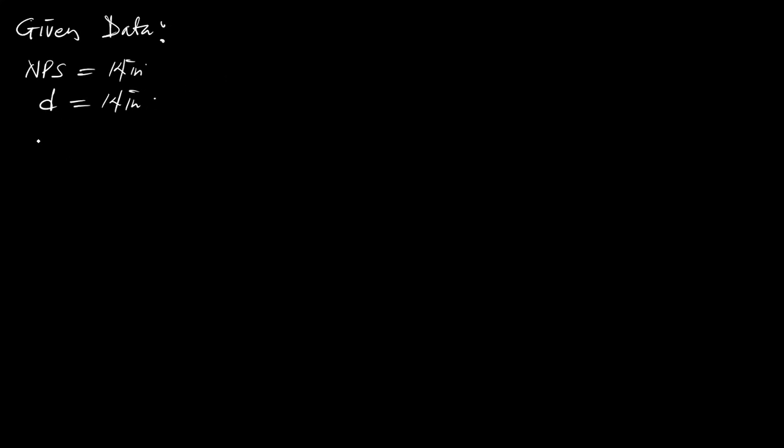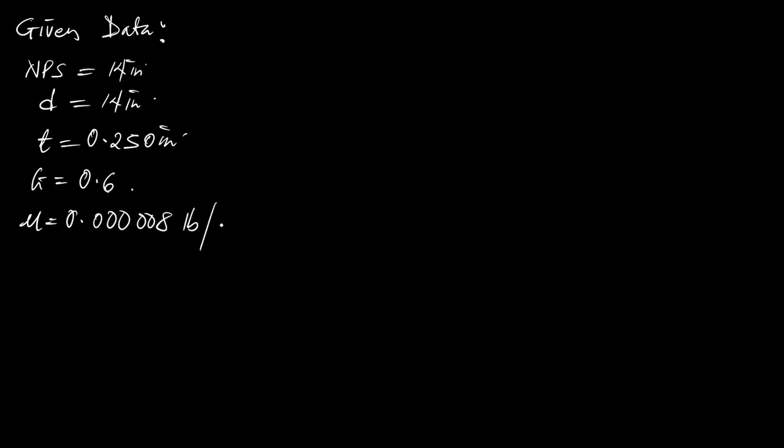While the thickness of the pipe is 0.250 inches. Now we are given the gas gravity, specific gravity, at 0.6. We're also given the viscosity of the gas to be 0.000008 pounds per feet second.